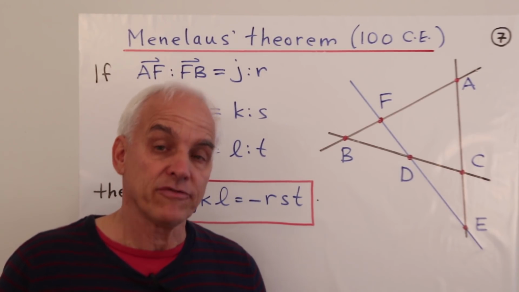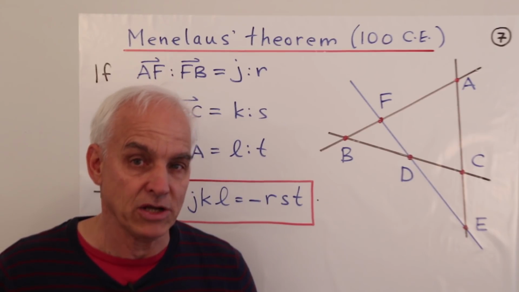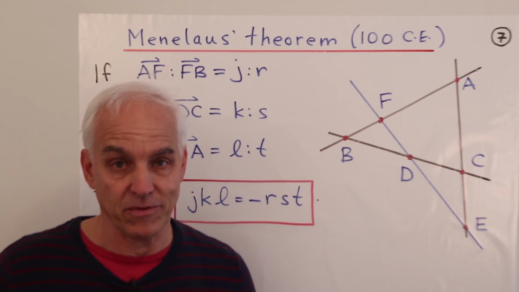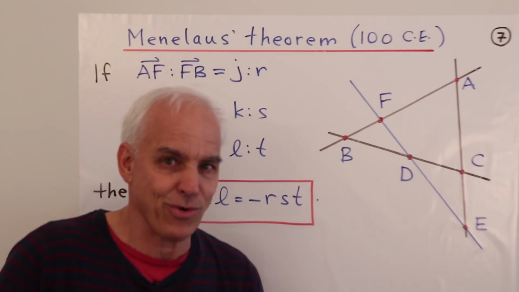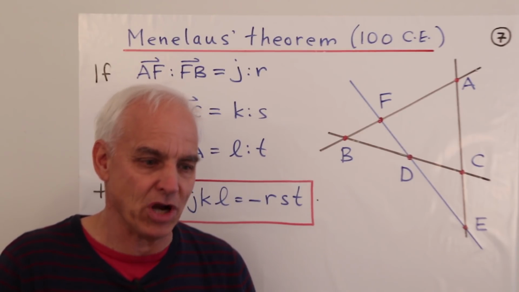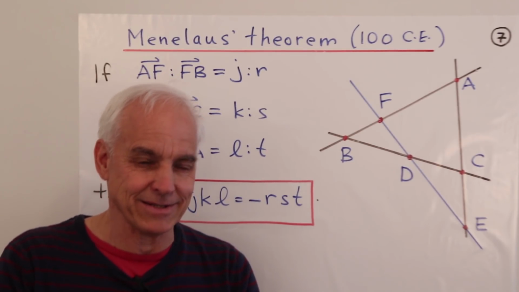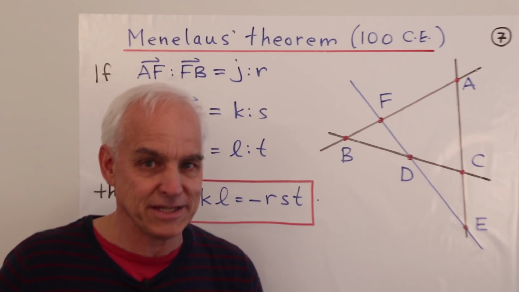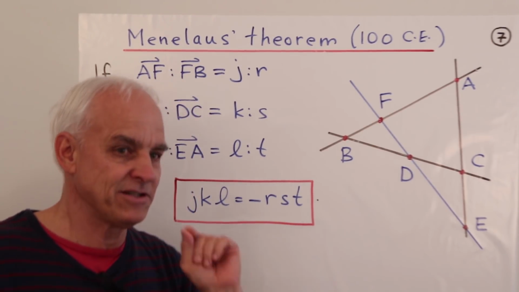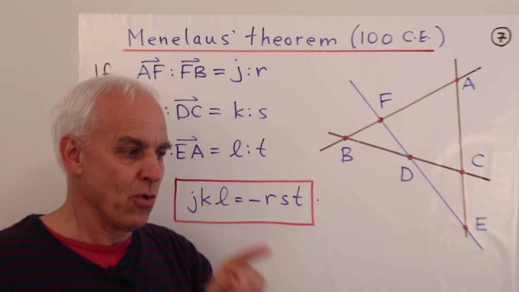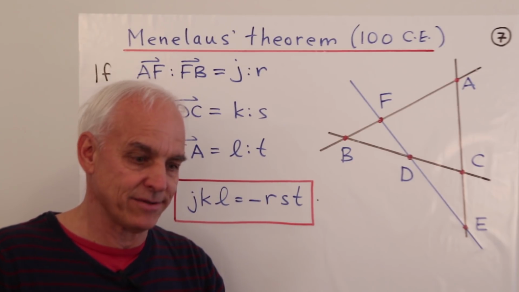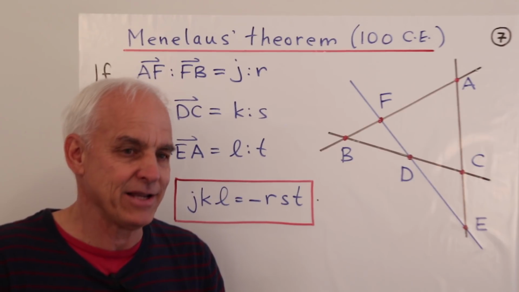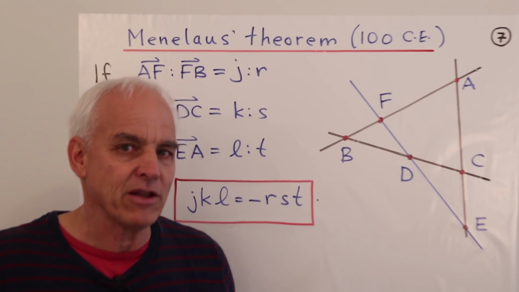Now, Menelaus' theorem is often presented as a theorem in Euclidean geometry. It's not intrinsically a theorem of Euclidean geometry, and it's a little bit awkward to try to prove it in Euclidean geometry because you end up talking about distances, and distances are just not really the right notions for this theorem. It really wants to be about vectors with directions and not just lengths. In fact, the lengths are irrelevant, really.